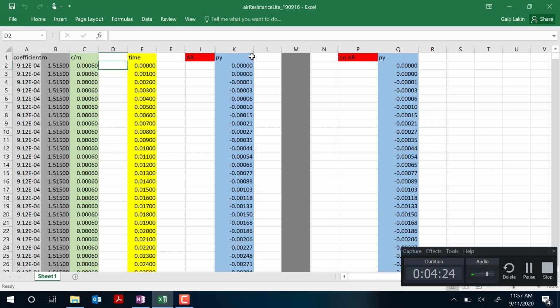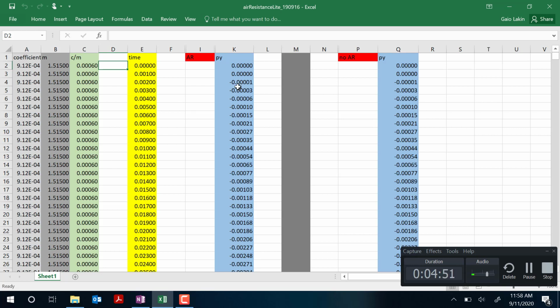The 2 PY columns are the positions of the object at different times. So, the 0.008 seconds under time here corresponds, the way I have it set up, to a height of negative 0.00027 meters. Okay, these are all in SI units.